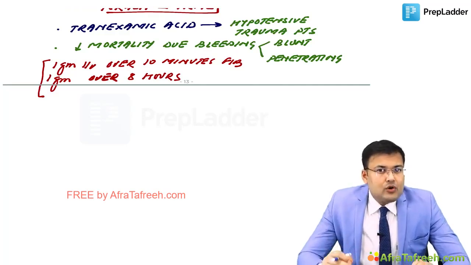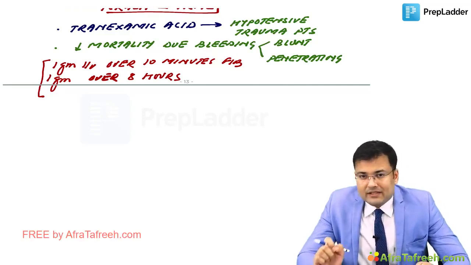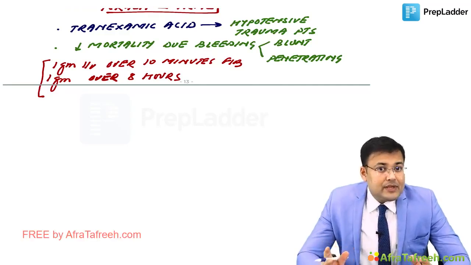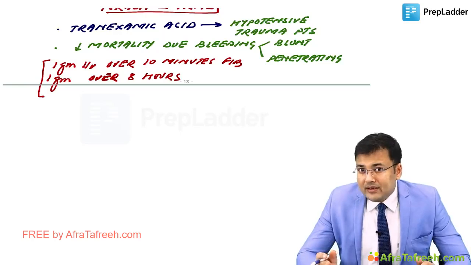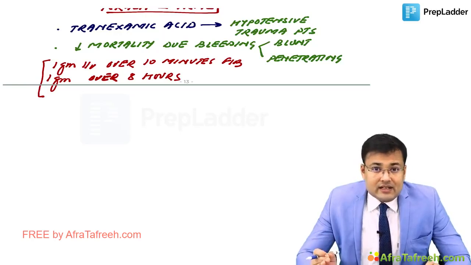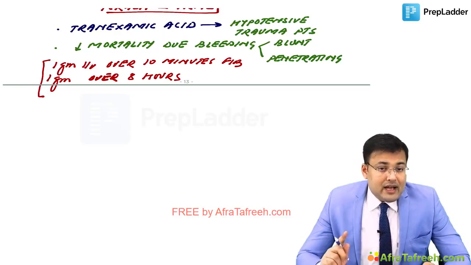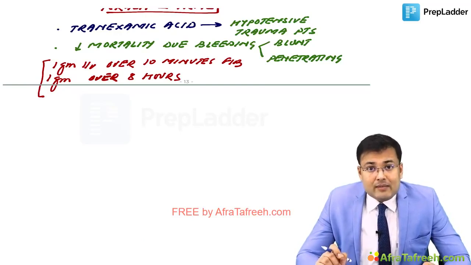So any patient of trauma who is suspected to have significant hemorrhage, and the patients who are having pulse rate more than 110 per minute and systolic blood pressure less than 110 mmHg.